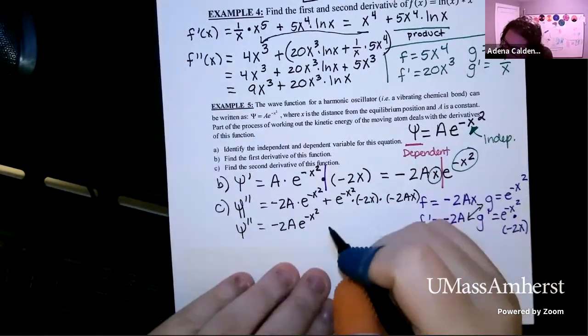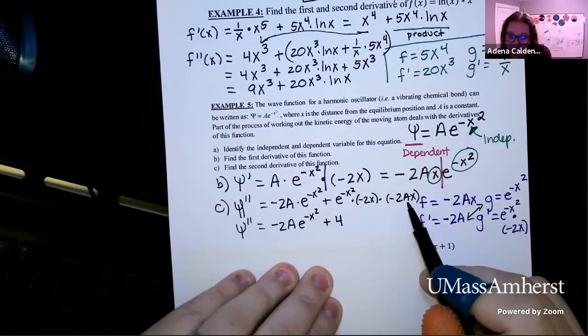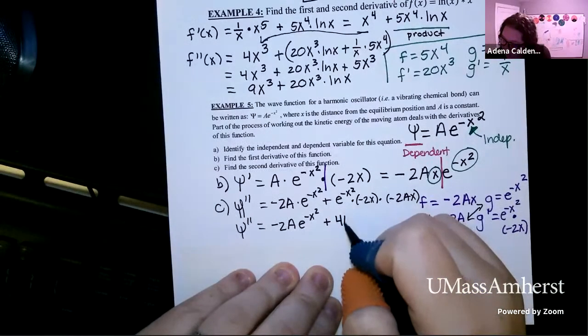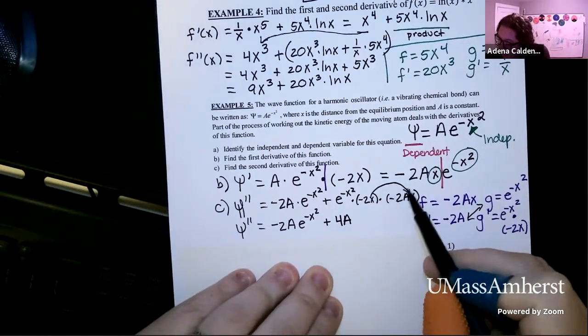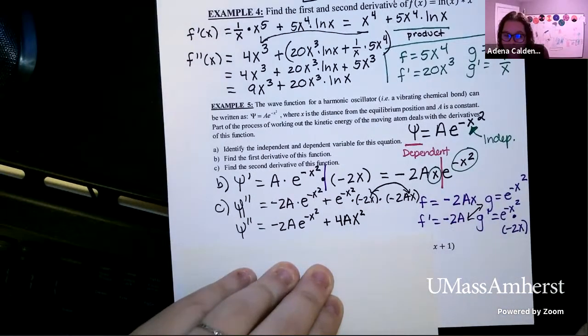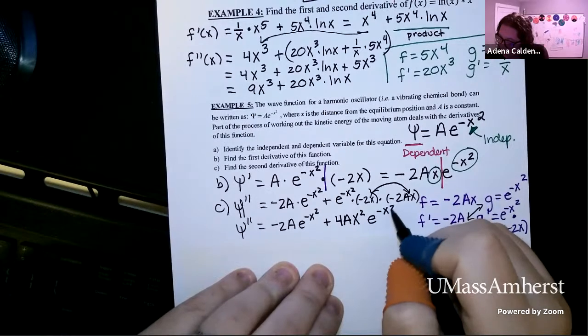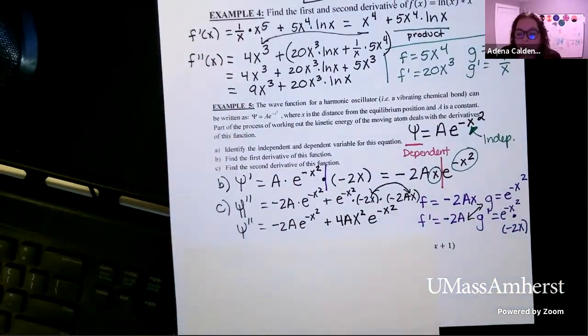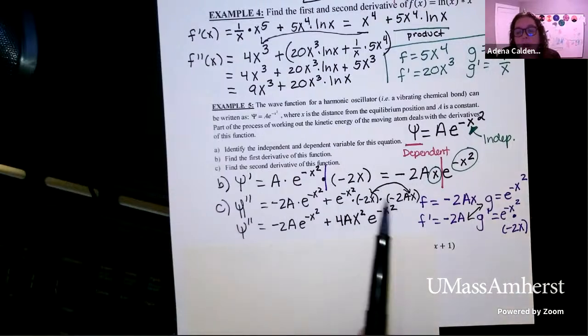So I'm going to have plus, now I'm going to pull my constant to the front, and a is also a constant, so I'm going to pull that to the front. Then I have x times x. So that's going to give me an x squared. And then I still have my e to the negative x squared term. So this is how you would likely see the second derivative simplified, by simplifying these two things that are being multiplied together.